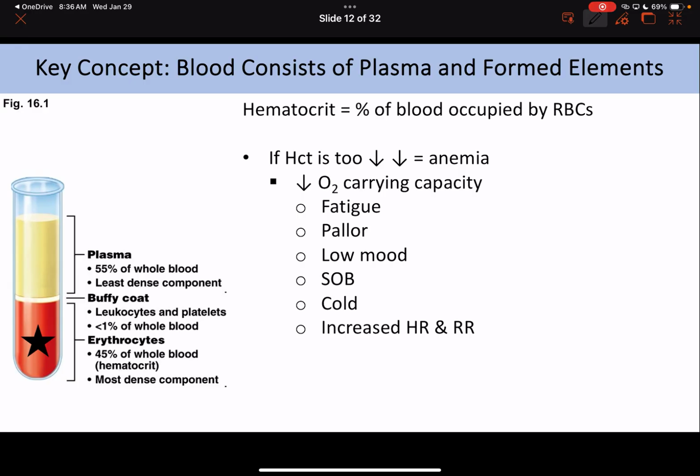And because of the lowered amount of oxygen carrying capacity, the lower amount of energy that can be produced, people who have anemia experience things like fatigue, so they're tired, pallor or pale skin. They may have low mood because of the low energy production. They may have shortness of breath. They may feel cold or chilly compared to others, and they'll have an increased heart rate and respiration rate to try to make up for that lack of oxygen carrying capacity.